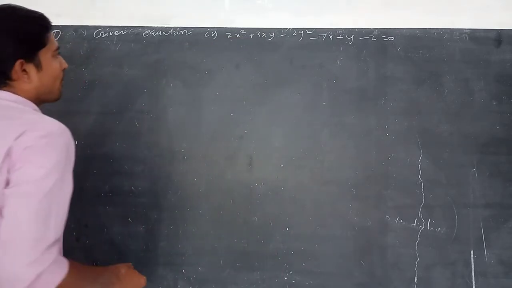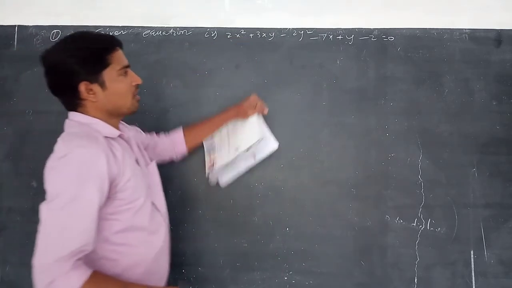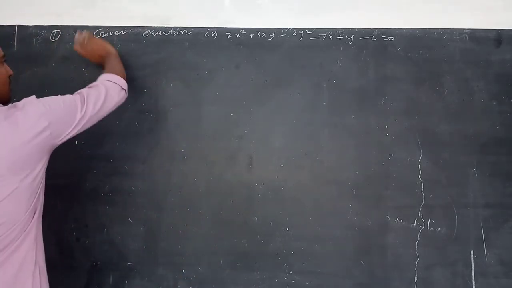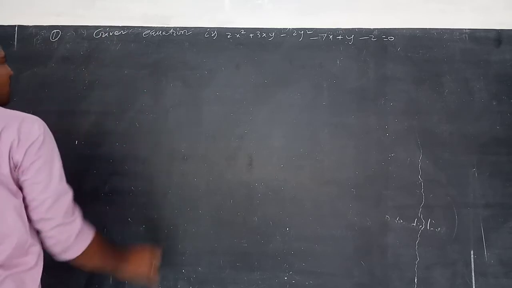So remember the formula when we have h: (hf minus bg) by (ab minus h square), (gh minus af) by (ab minus h square).